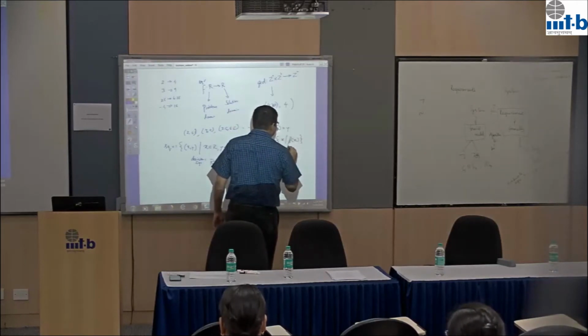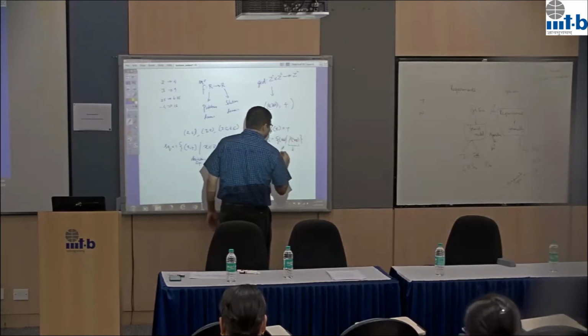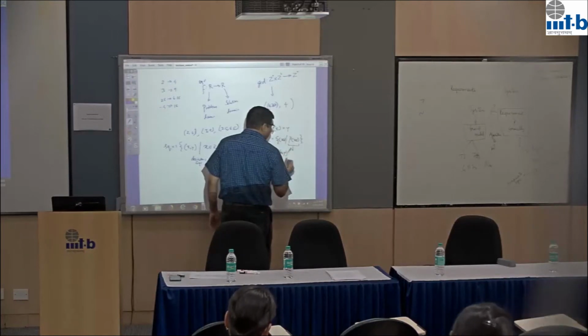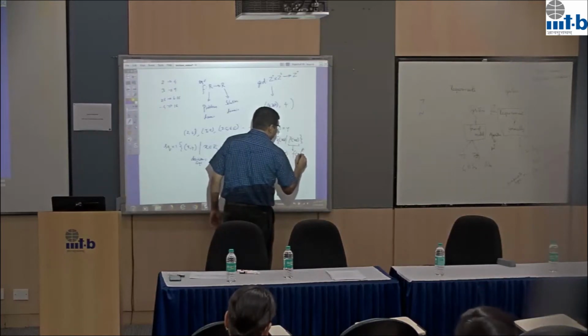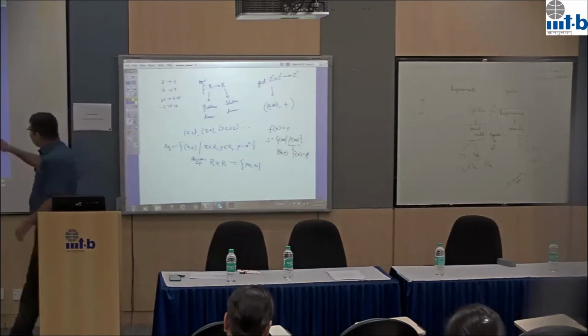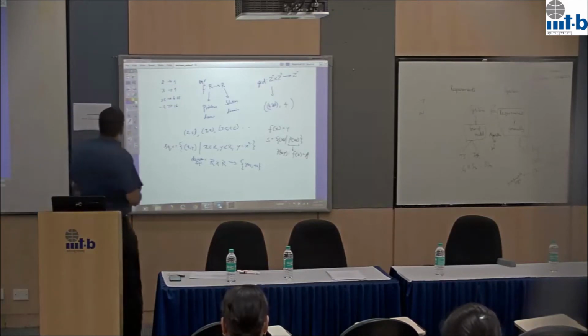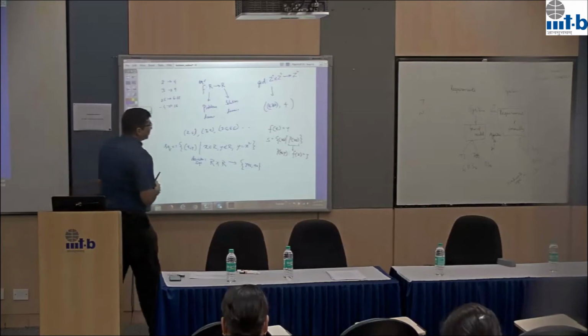Now p of x can in turn be written as the set of x comma y such that p of x comma y. So p of x comma y is the same as f of x equal to y. If f of x equal to y, then p of x comma y is true, otherwise it is false.